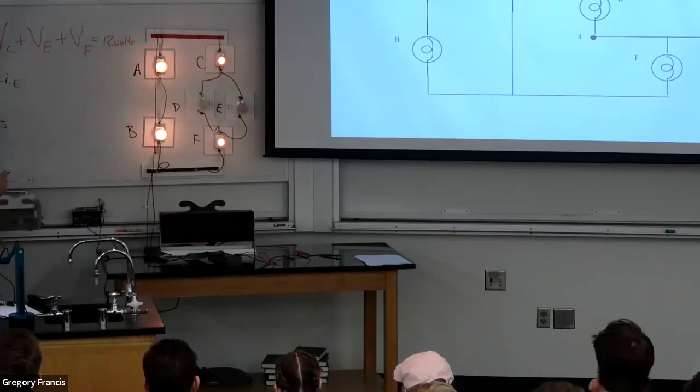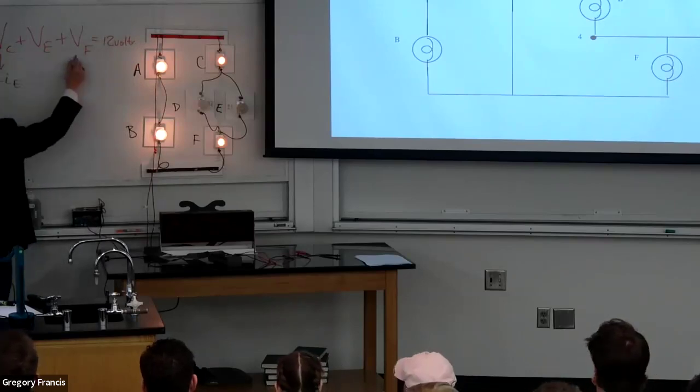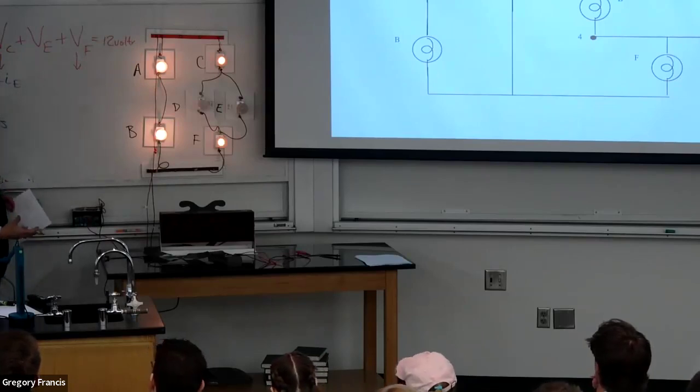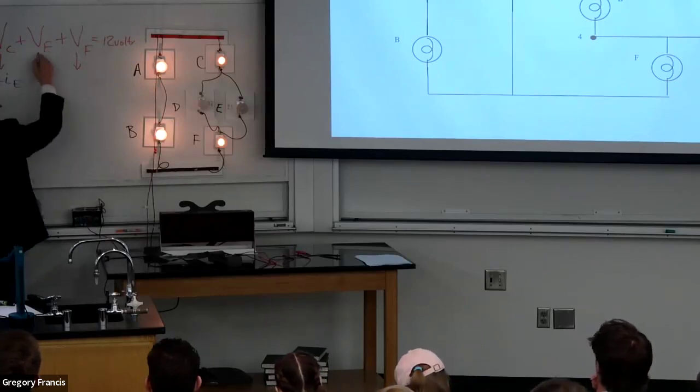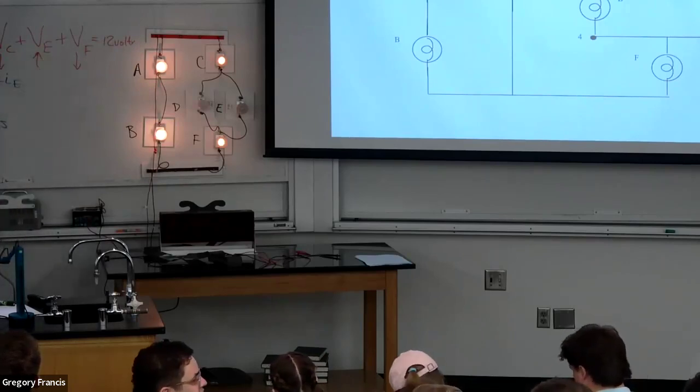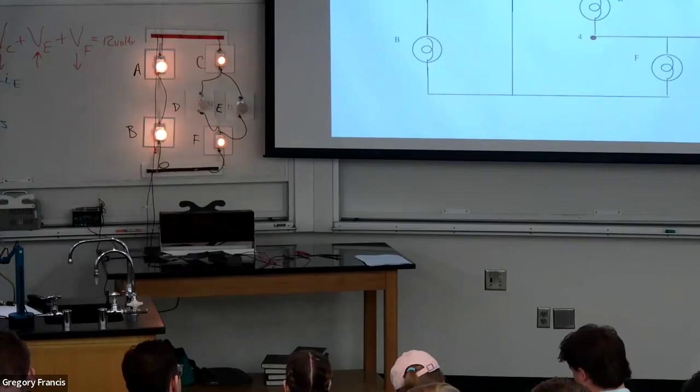By removing that path, I know that C and F get dimmer. It's a zero-sum game. It's still got to add up to 12. So E has to get brighter. Questions on that? That's how you use the voltage model. That's what we did right there. We just used the voltage model.